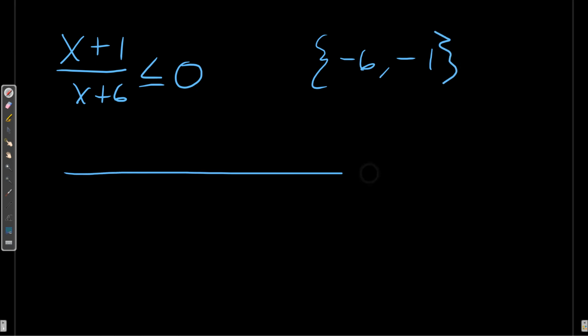These are my partition points, so here is my number line, and there's -6. Over here is -1, and my easy test point 0 is right there. So if I put a 0 in for both of those x's, the result is that it's positive right there, and then it would just alternate.